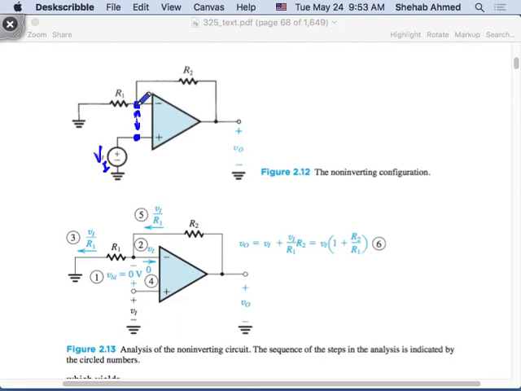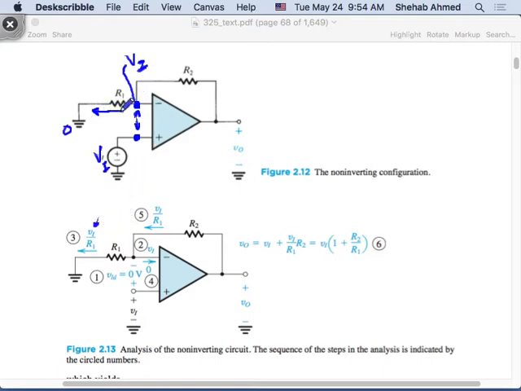If this node is at VI and I connect this to ground, current will flow this way, due to VI on one side and 0 on the other. So this current here is going to equal VI minus 0 over R1, so VI over R1, as we see here.